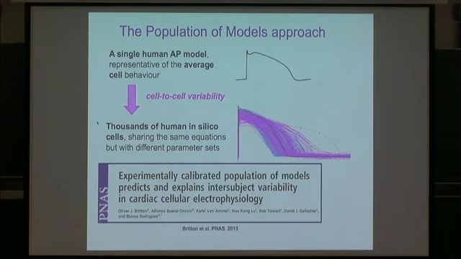So this was originally proposed in the context of neuroscience by Eve Marder, who's at NYU, and then was adapted by the group at Oxford to look at it in terms of cardiac electrophysiology. So this would be a single action potential, and this would correspond to data that we have of action potentials across some population of people.